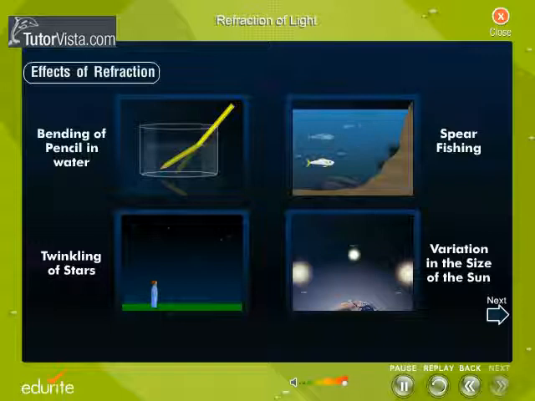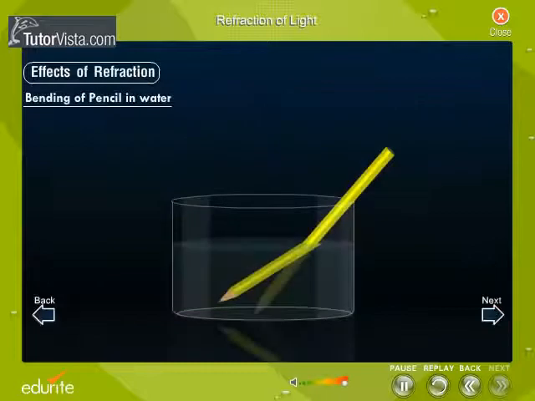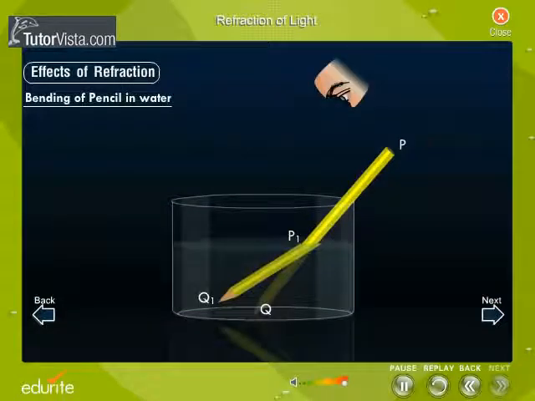Here are some of the effects of refraction. A straight pencil, PQ, when immersed obliquely in water, a portion of it appears to be shortened and raised up as P1, Q1 under the water. Let us understand this with the help of a ray diagram.